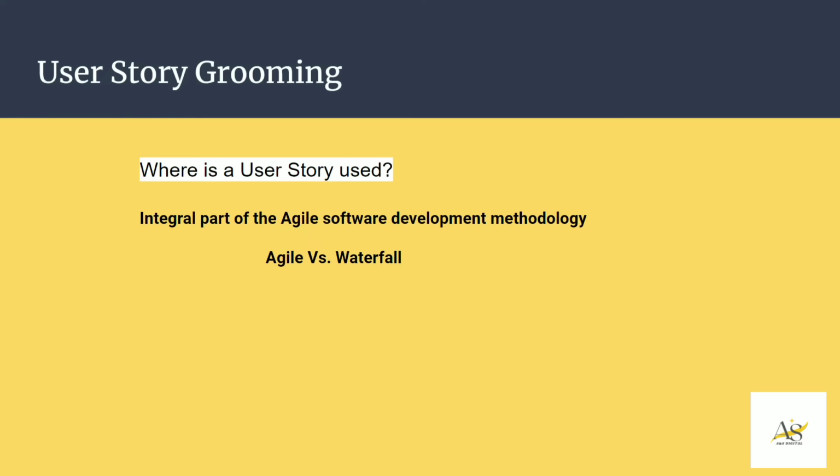I'll briefly also touch upon agile versus waterfall today. Of course, I'll probably have a detailed session on waterfall versus agile at some point in the future, but today I'll just have a brief discussion. Agile is an iterative model of development where you make small incremental changes as you go through the development life cycle, and the key is you respond to changes, whether in requirements, testing, or just the general nature of the business.